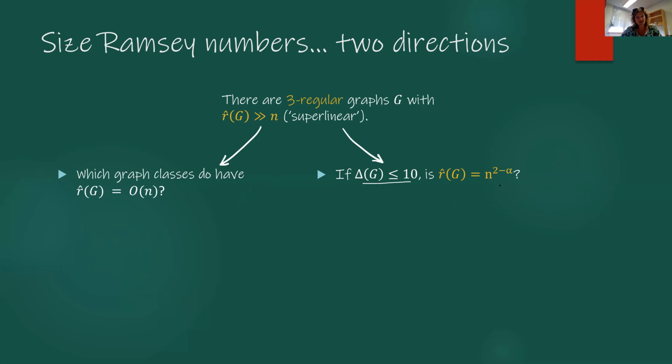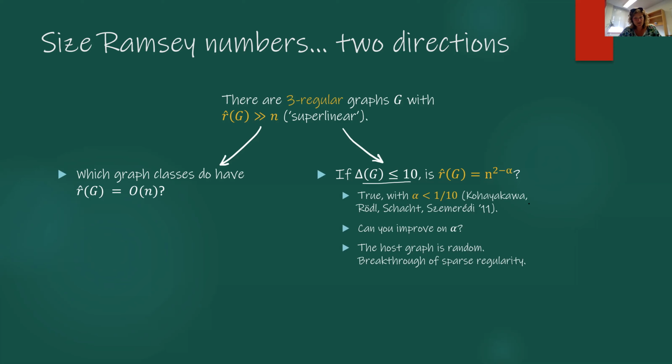Can we still get something subquadratic? That's what Jack suggested in the chat. We had this quadratic bound that we proved. Can we still get at least a little bit better than that?